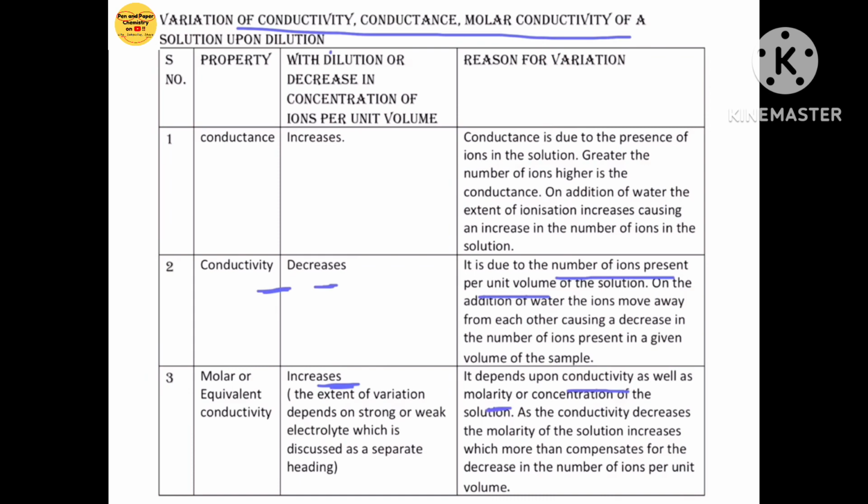So, the decrease in conductivity is compensated by the increase in the volume of the solution, which explains the increase. But to what extent does this increase show in strong and weak electrolytes is what we are going to study as a separate heading in the next video.